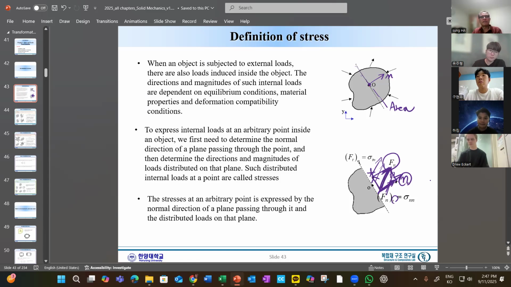Point is that we have two components of a force. So this normal term we call sigma nn, and this tangential term we call sigma tn.